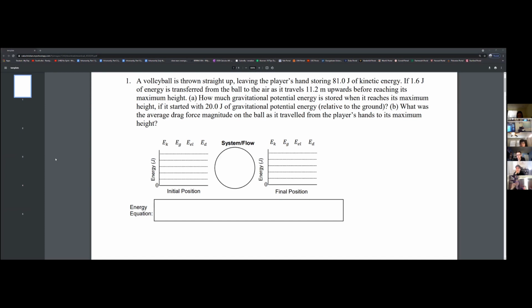And it's caused by the air because it says that's how much energy is transferred to the air. So it's basically drag. So you need to add air to your system. So it should be the ball, the Earth, and the air, the three things that would have to be considered for it to work like you described it.